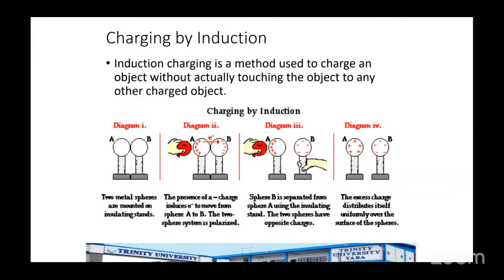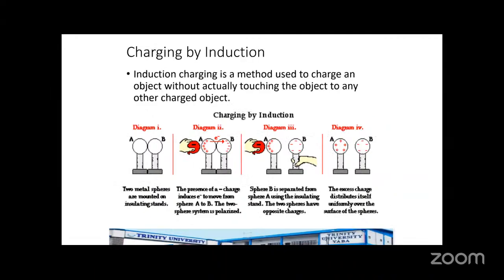So this time, the charge body brought close to the neutral body is not making physical contact. You just move it close to the neutral body. You bring the charge body close to the neutral body. Here, the charge body is the red, charged negatively. The two objects that are to be charged, A and B, are neutral.